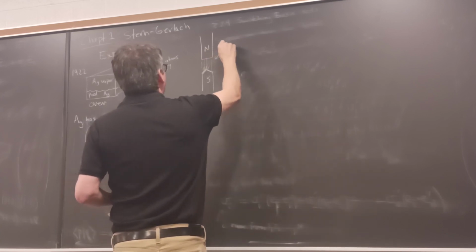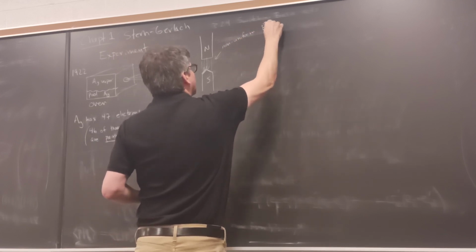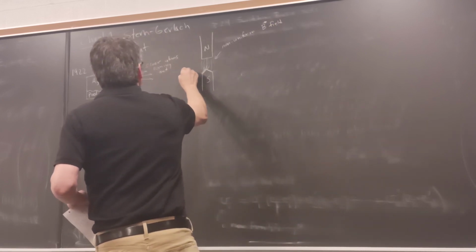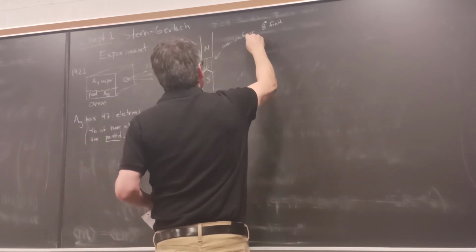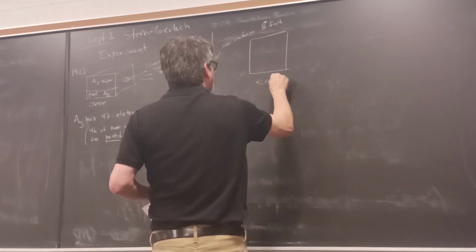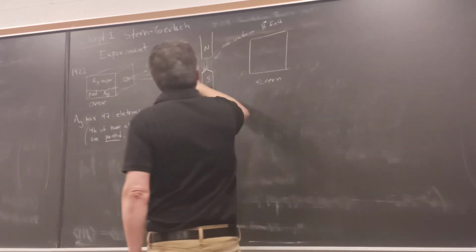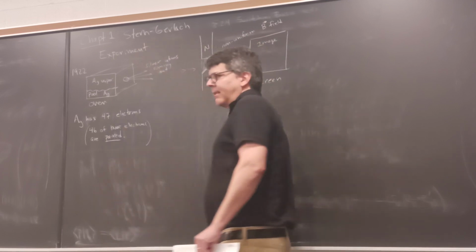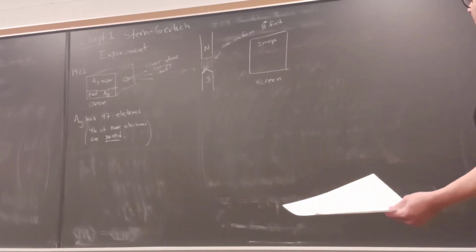So this is a non-uniform B field. Okay, so these silver atoms go streaming through this magnetic field, and then you have a screen over here that collects. When the silver atoms hit the screen, then you have an image here. That's the experimental setup.